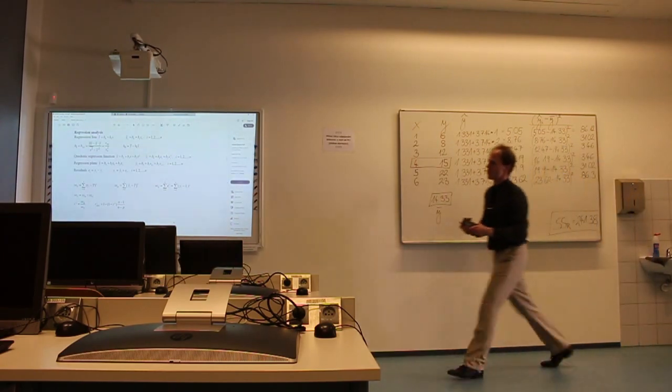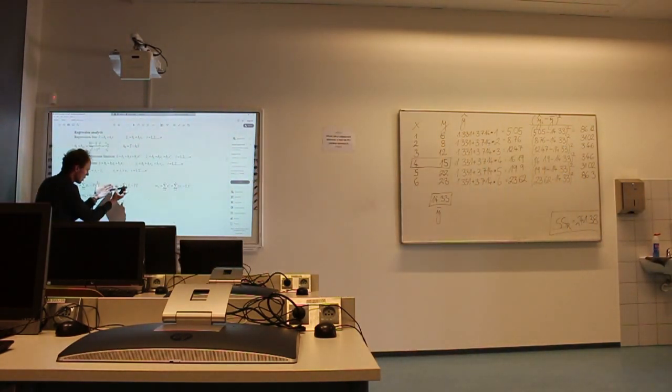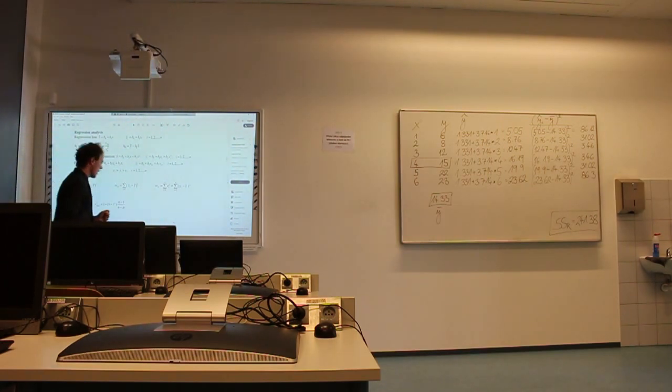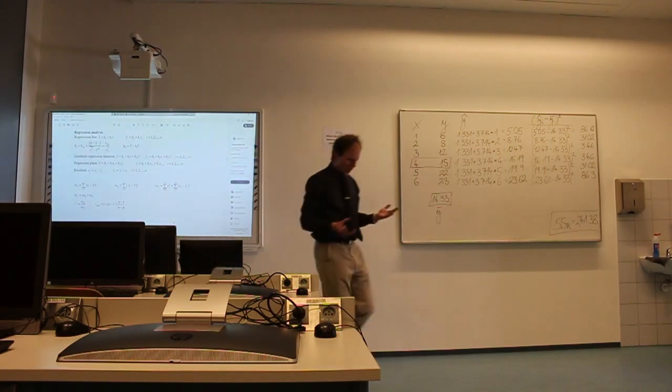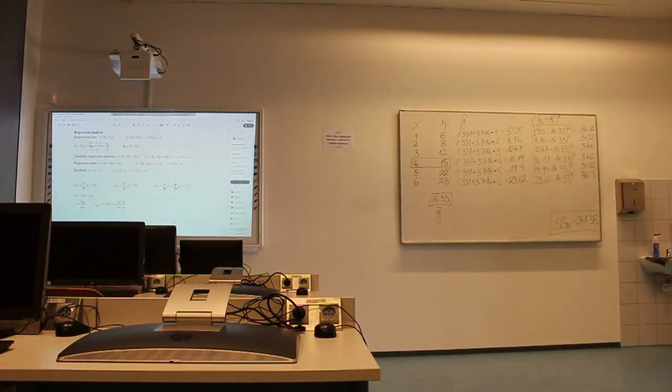Okay, according to your formulas, this is regression sum of squares, so this is nominator of R squared, index of determination. And now we must calculate the total sum of squares.